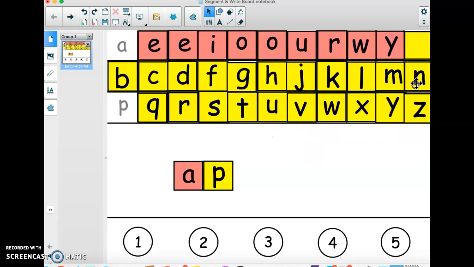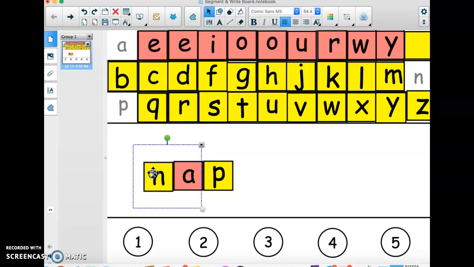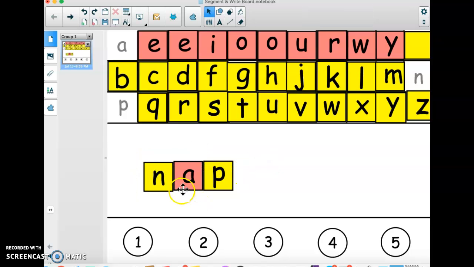Very good. Here we go. All right. Now let's read my word like word bird. Nap. Nap. Good job. Now let's change my old word nap to my new word nag.